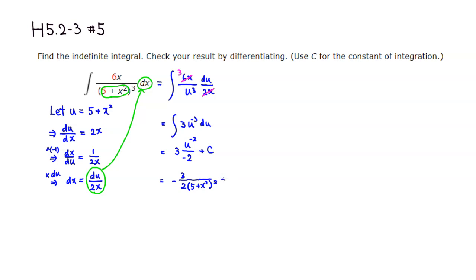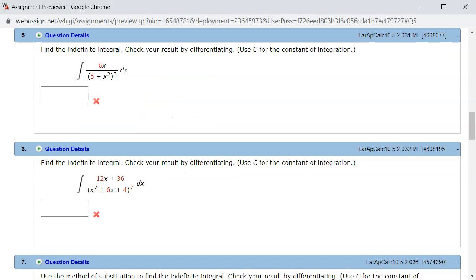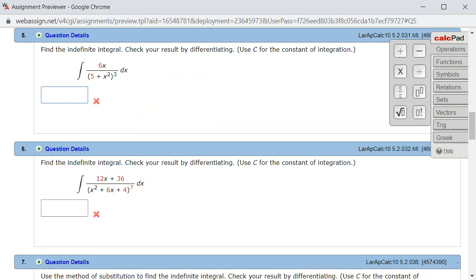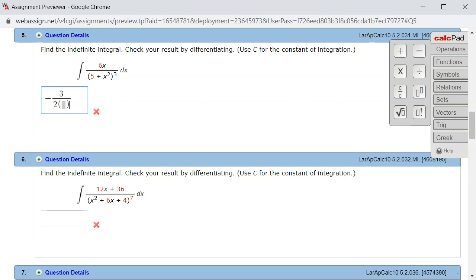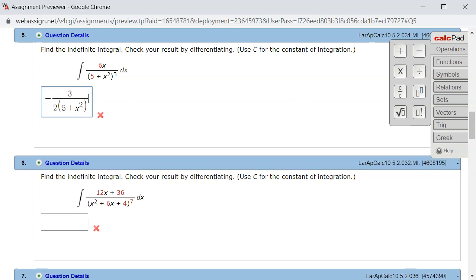Then you have a plus c. So let's type it in: negative 3 over 2 quantity 5 plus x squared, squared, plus some constant c.